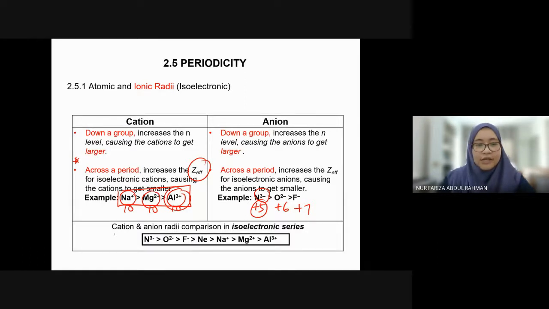So if you are to compare the cation and anion, this is how the ions are arranged by size: the largest will be N3 minus, followed by O2 minus, and lastly the smallest would be aluminium 3+.